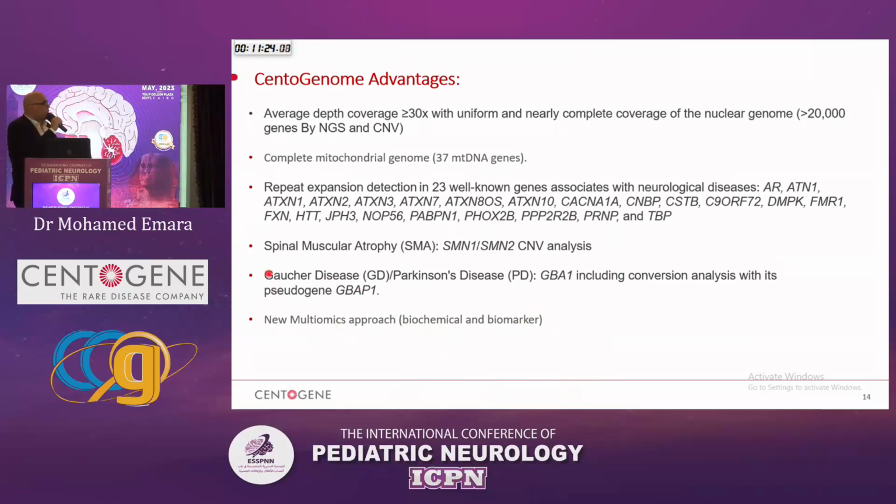So if a metabolic disorder is diagnosed by whole genome or whole exome, and this disorder is related to a certain enzyme or biomarker, it will be done for free.